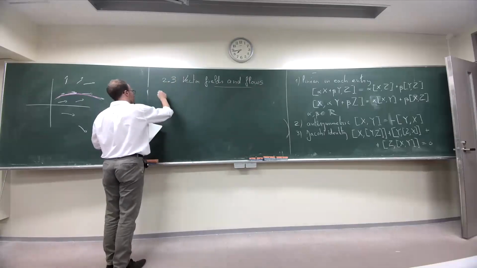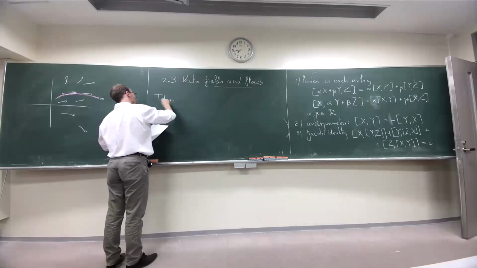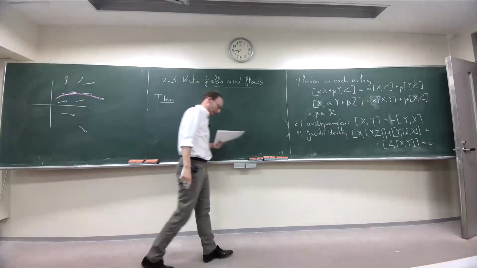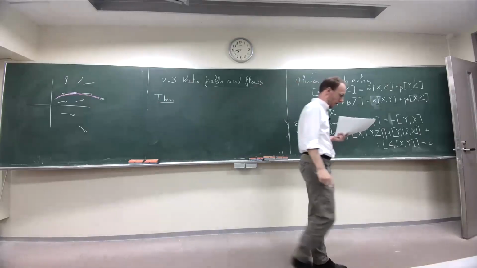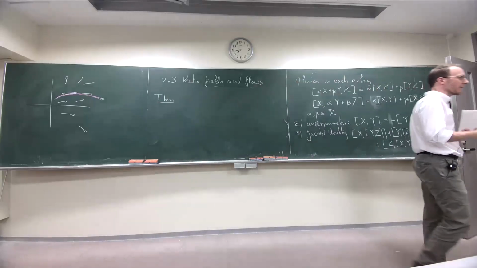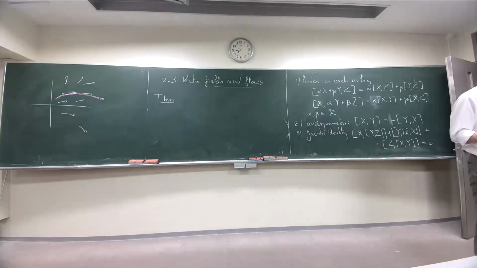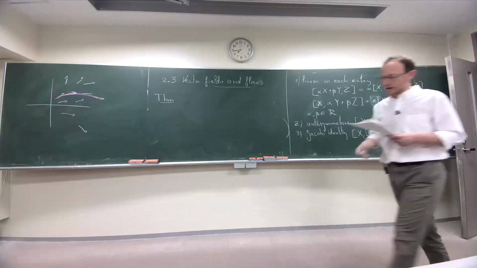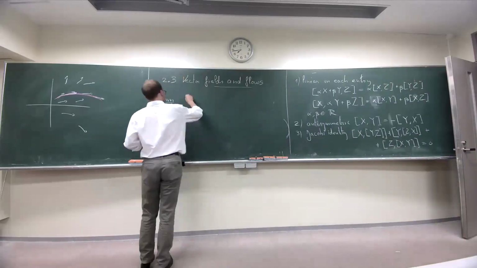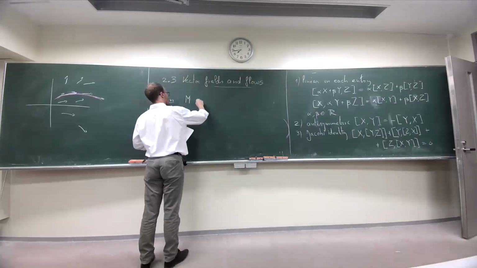So let me directly tell you the statement. And by the way, if you are in physics, you probably know that there is this theorem of existence of solutions of differential equations. In fact, this topic is based on solutions of differential equations. So let me tell you a result directly. Let M be a smooth manifold.